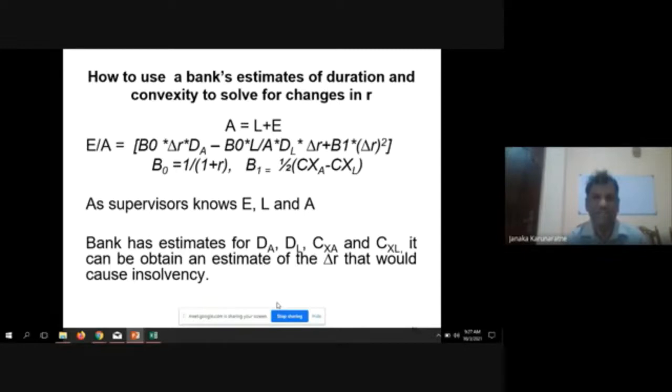If the interest rate rises, it's a potential decline in value of equity. So now as a risk manager, your risk is the rising interest rate.